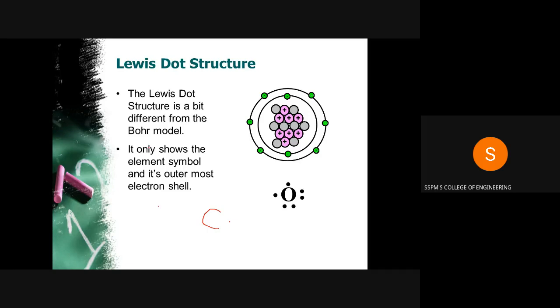As we saw earlier, the atomic number of carbon is 6 and the atomic mass number is 12. So 12 minus 6 equals 6, so 6 electrons are present in carbon. 2 electrons are present in the inner, first shell, and 4 electrons are present in the second, outermost shell.